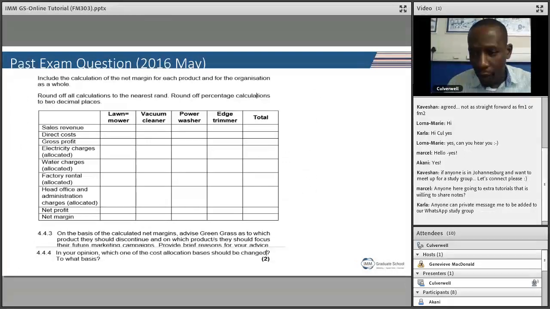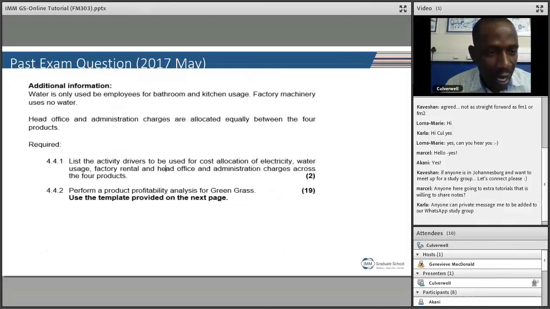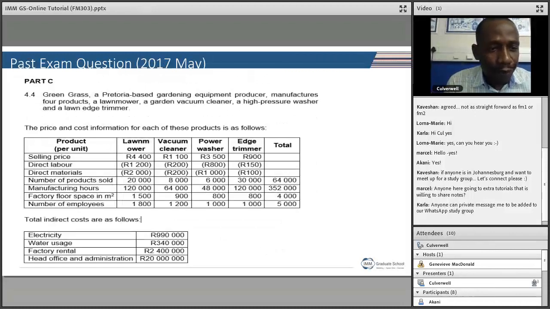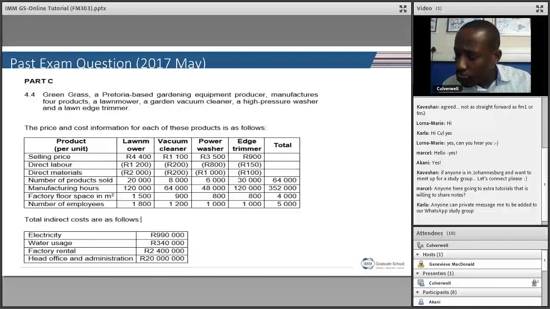Like we've been doing, we're moving with 2 lines, lawnmower and vacuum cleaner. You can always follow suit on power washer and edge trimmer, then get your total horizontally. So when I go on to electricity charges, I know that it's costing us 2.8125 rands per manufacturing hour.